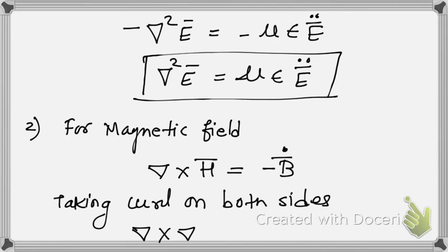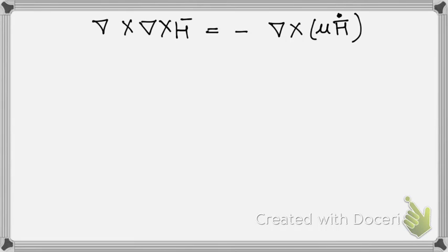Del cross H bar is equal to del cross minus B bar dot. Then del cross H bar is equal to del cross B bar dot is there, so minus I will take outside, and del cross, it will become B bar is nothing but mu into H bar dot.